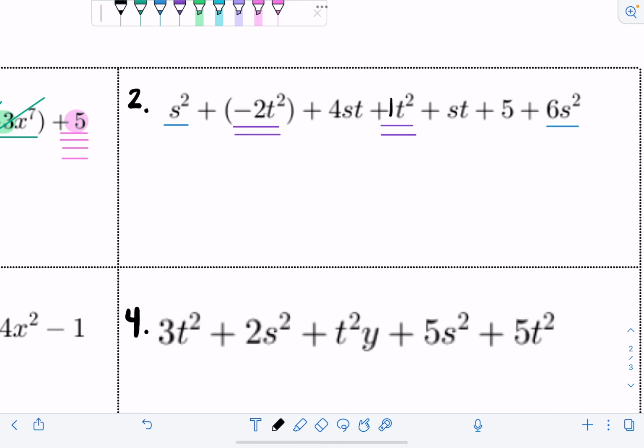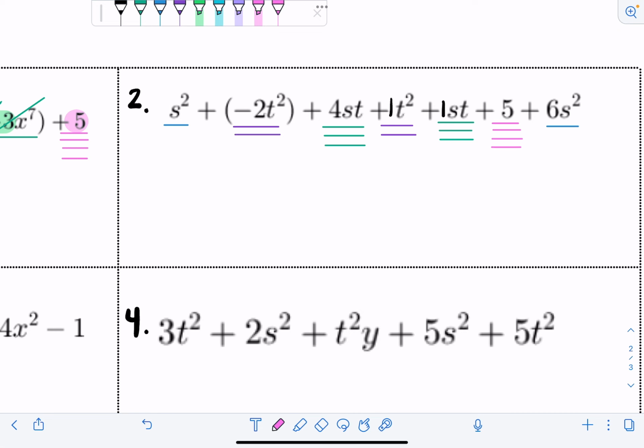So the t's and s's are different types of variables, so even though they're squared, they don't all combine into one because they have 2 different letters. And then I have a 4st and then an st right here, so no coefficient, so the coefficient would be 1. And then I have another lone constant term that I can't forget about.